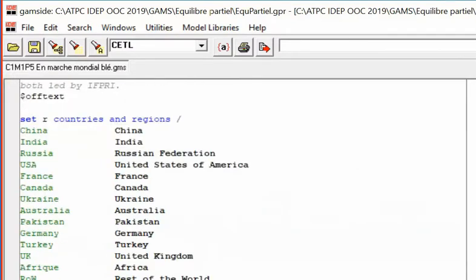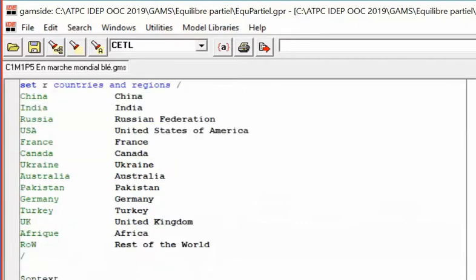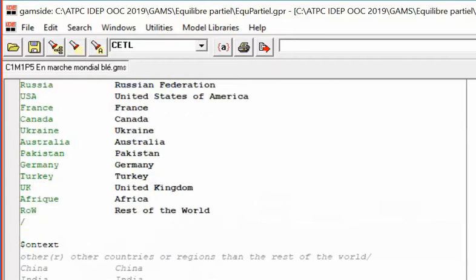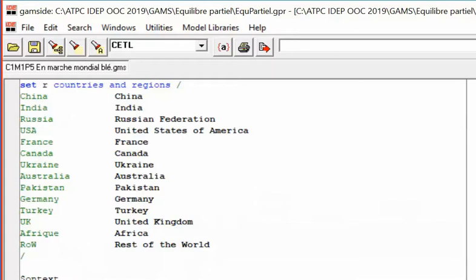The program really starts with the declaration of a set R, which is the set of countries and regions, so 14 countries or regions. What we are going to need is a subset of R, which consists of all these elements except the last one, rest of the world.